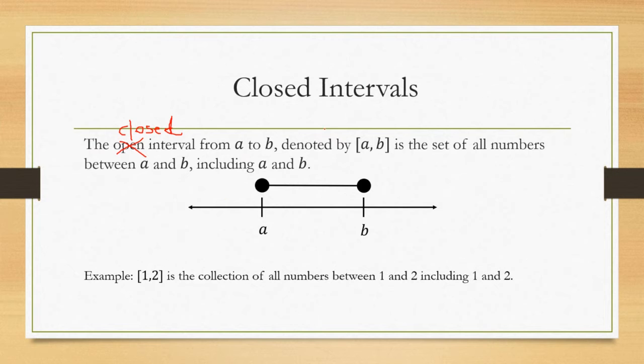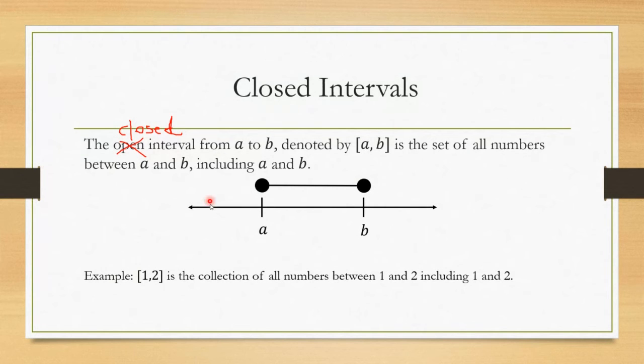You allow the endpoints A and B. That's what the square brackets indicate, that you're including those endpoints.